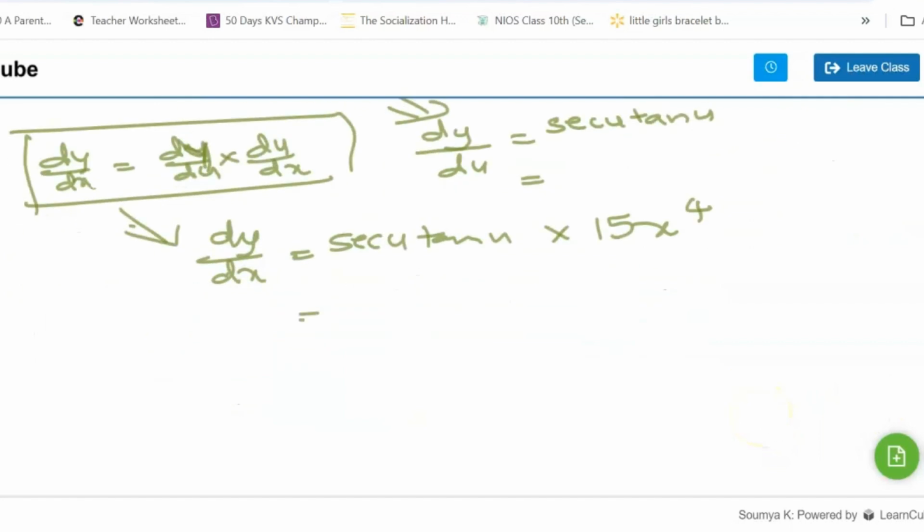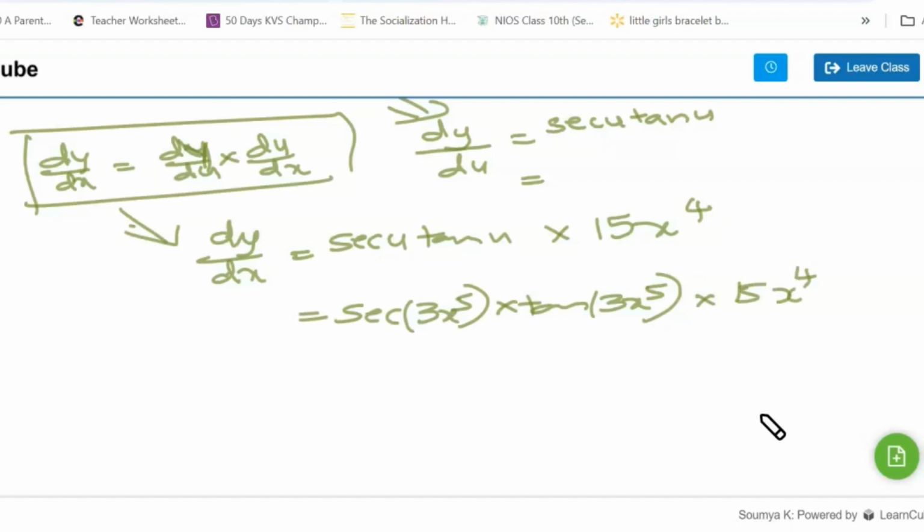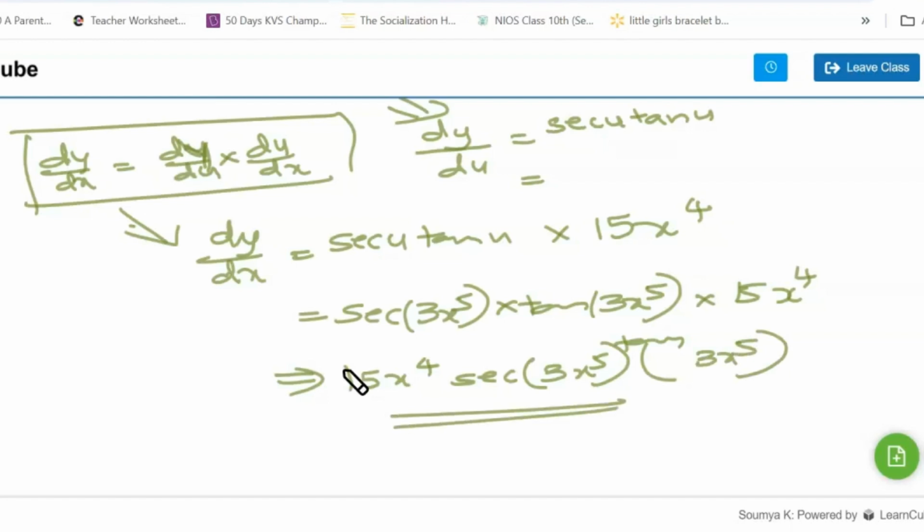Now convert this u to the original value: sec of 3x raised to 5 into tan of 3x raised to 5 into 15x raised to 4. Okay, this is the final solution of this particular equation, dy by dx.